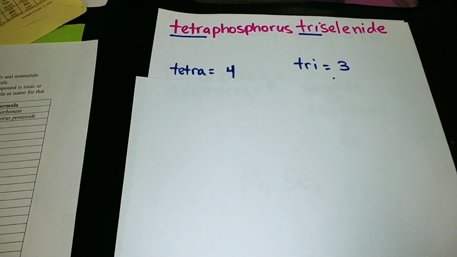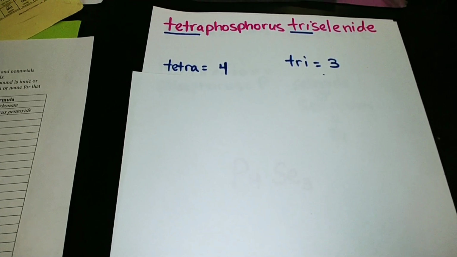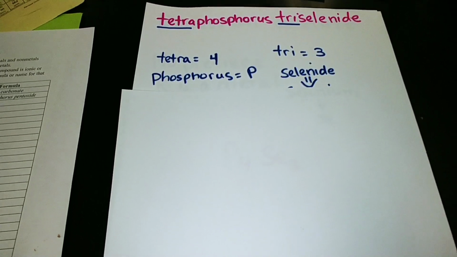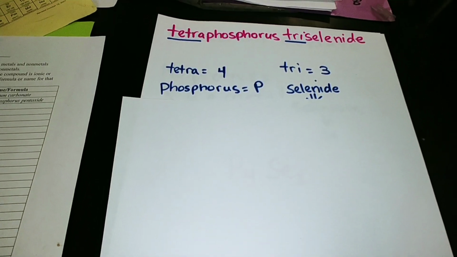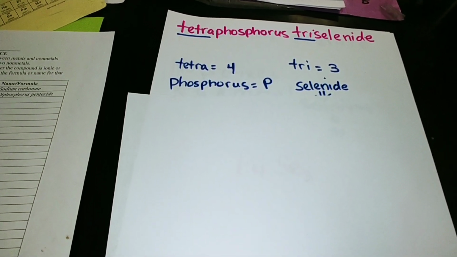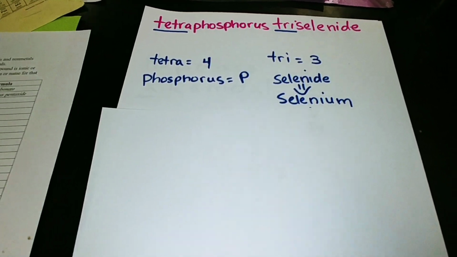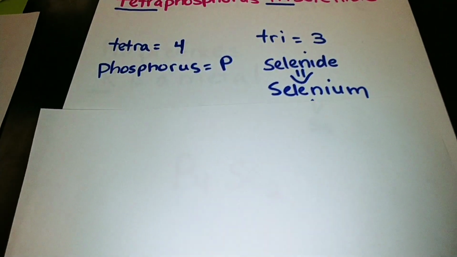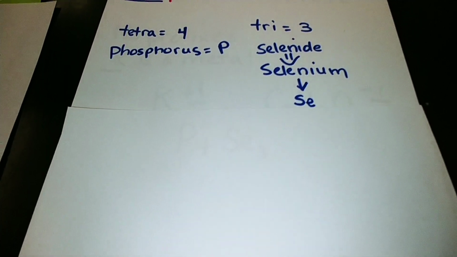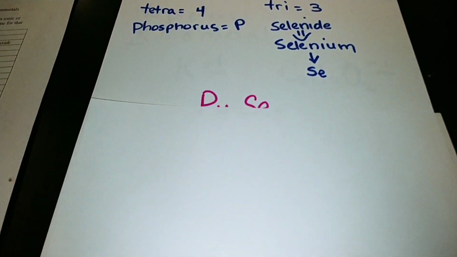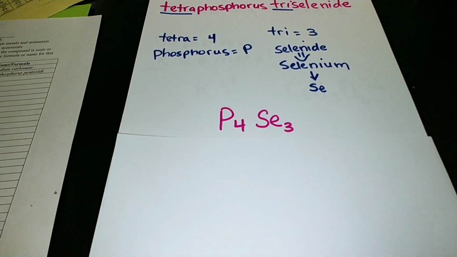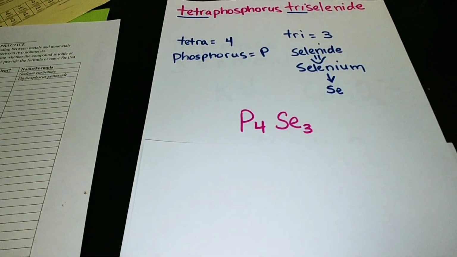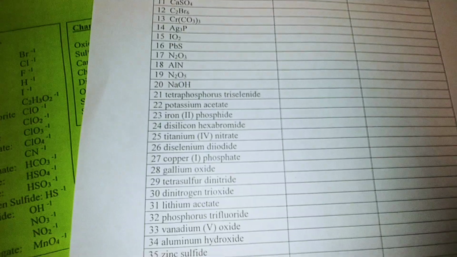So we know tetra means 4, tri means 3. Phosphorus, the symbol is P. Selenide comes from the element selenium, and the symbol for selenium is Se. So we put it together, and it gives us P4Se3. And that would be the formula for that one.